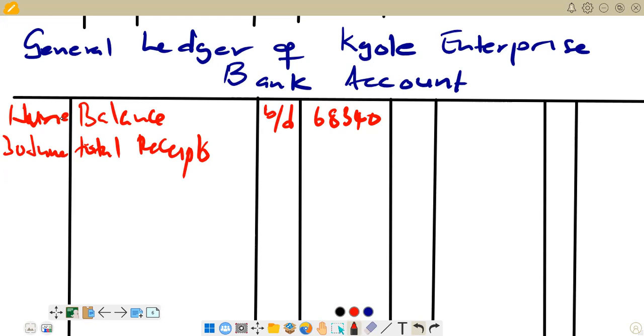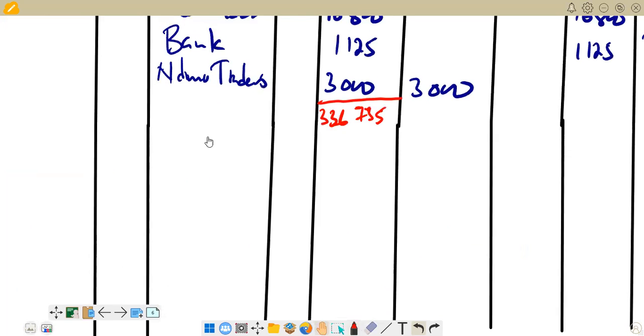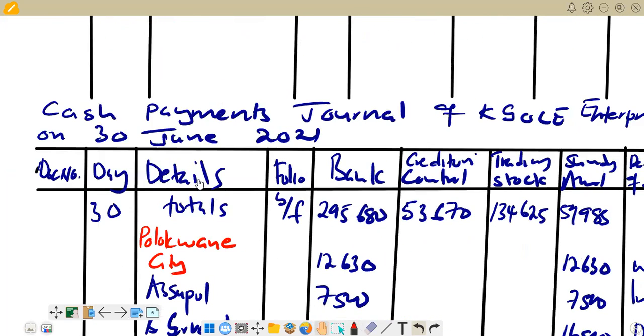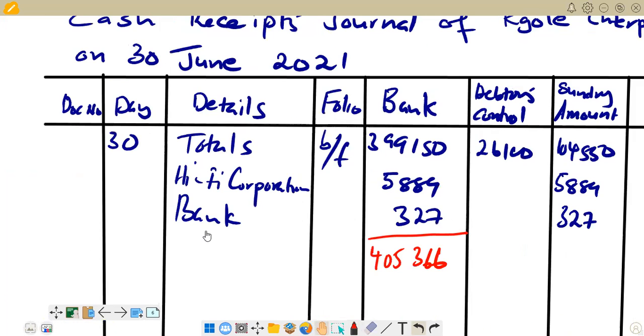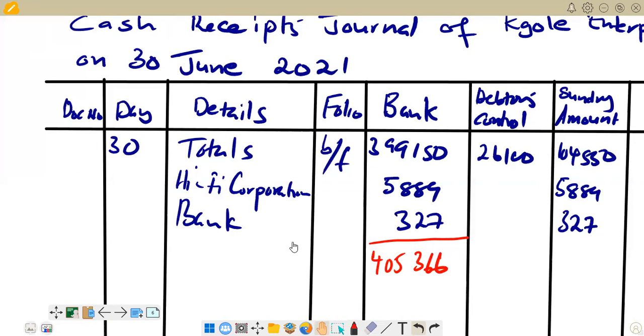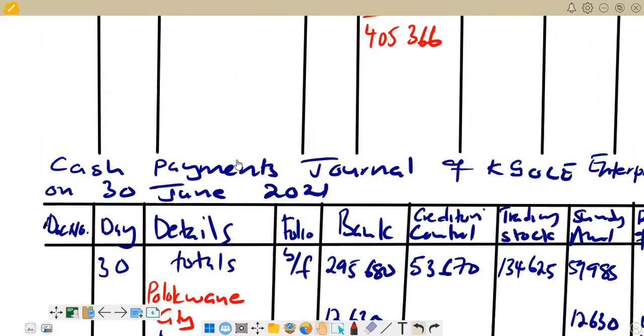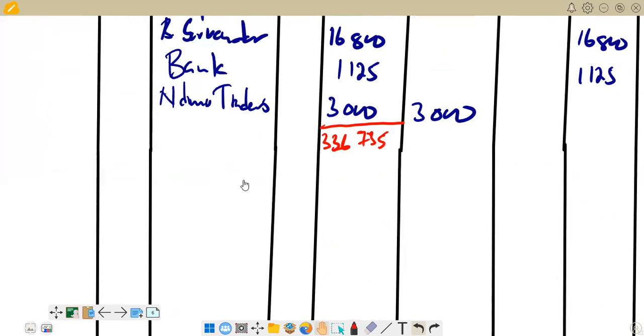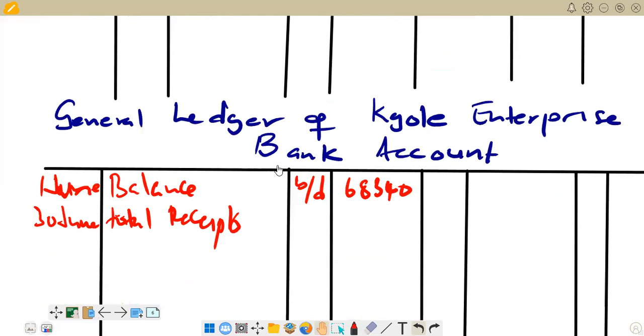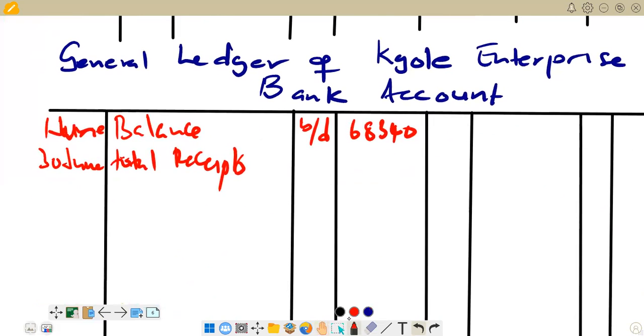For total receipts, we can just recheck the total that we got for the receipts journal, 405,366. So this is the total that we are going to put for total receipts there. So we enter that amount, 405,366. Then here, we are having our total payments.